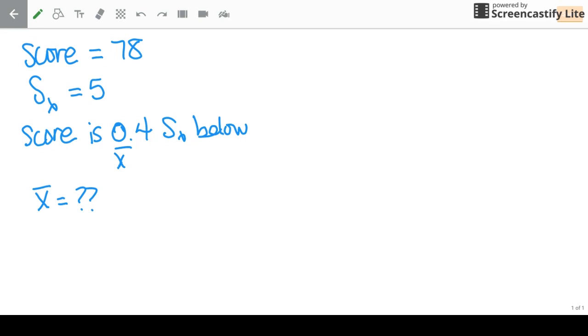So we could do this a couple of different ways, but we'll do it the same way and plug into our formula. Since the score is 0.4 standard deviations below, that means z equals a negative 0.4, negative because I'm below. So negative 0.4 is going to equal 78 minus the mean divided by 5.